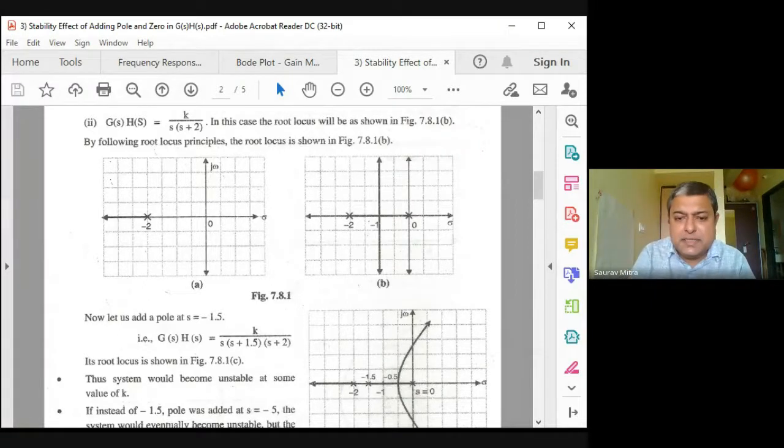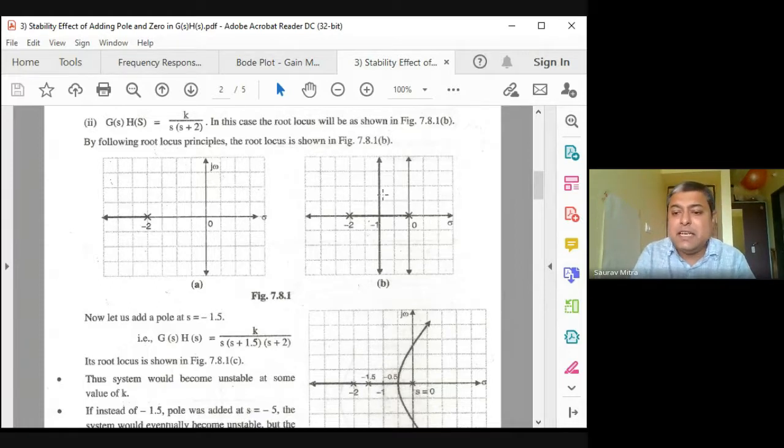Whereas K by s into s plus 2 is also stable, but a little less stable than K by s plus 2. That means the insertion of this another pole at origin has reduced the system stability a little bit. Though both systems are stable, K by s plus 2 is more stable because it is not going in the imaginary direction.